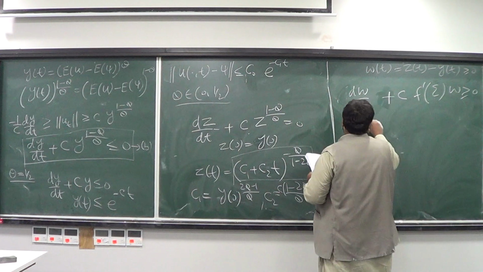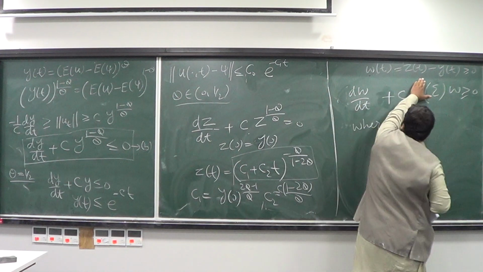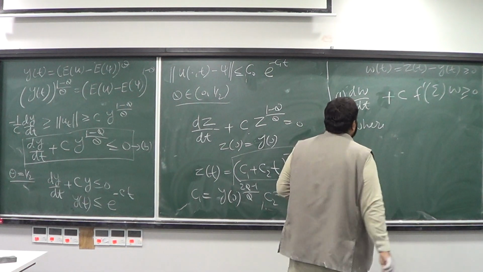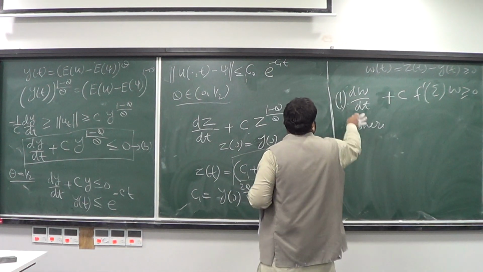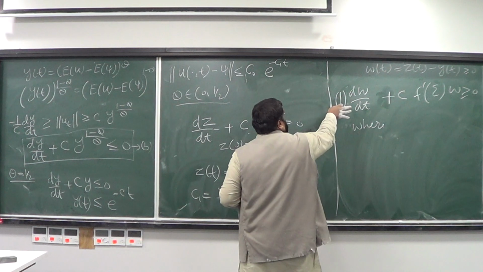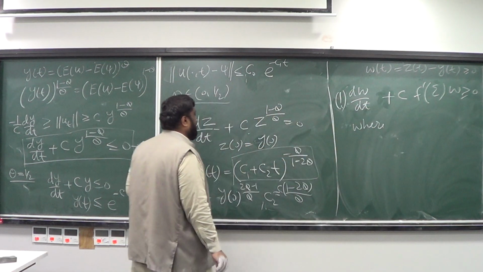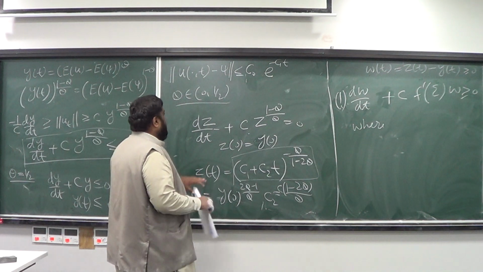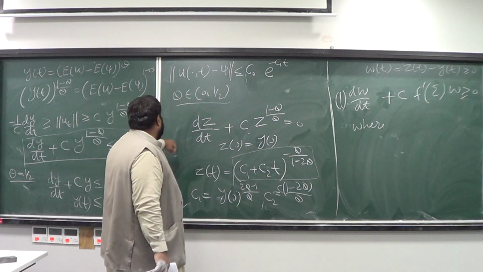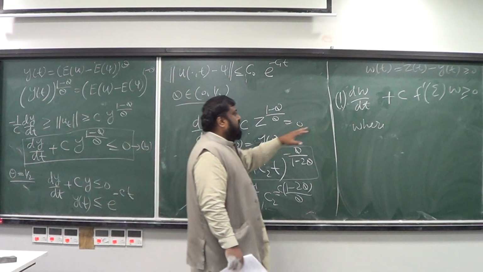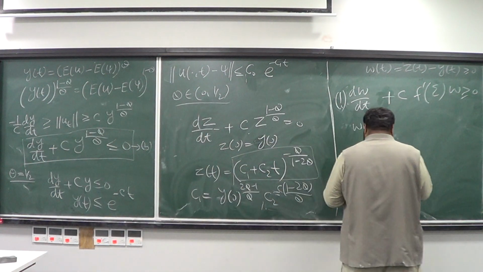So in other words, you must verify, I'm not getting into the detail, that w satisfies this differential inequality. Obviously, you have to use dz by dt and dy by dt, and from that you have to deduce this.